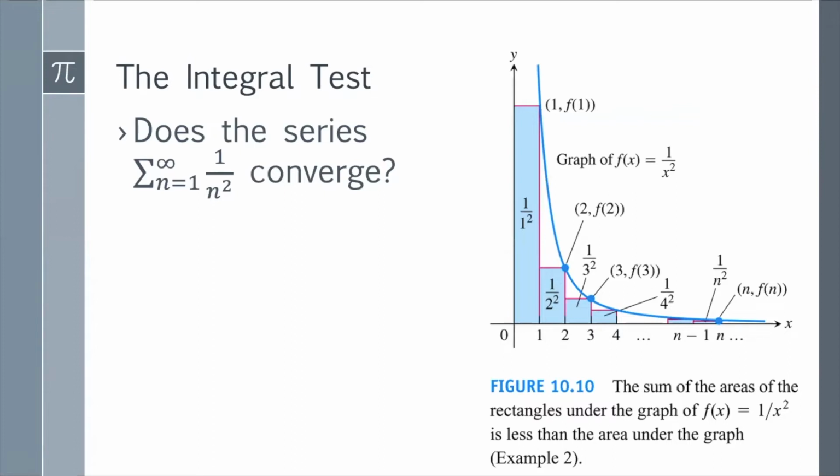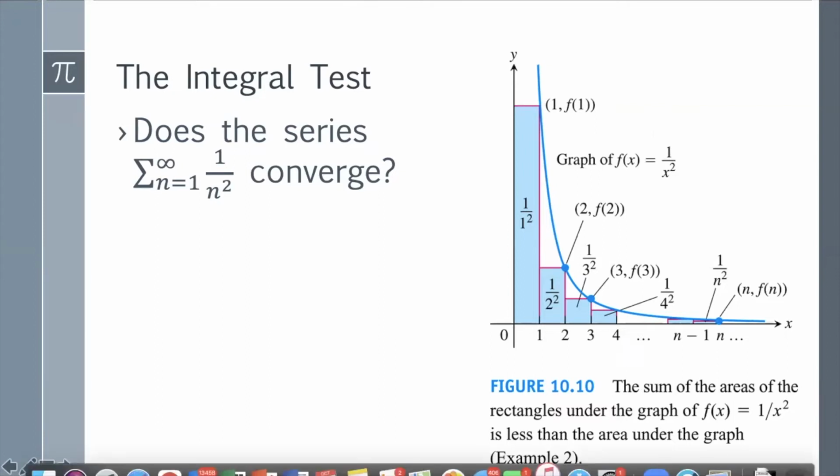All right, so what I'm trying to set up here is an inequality that compares the sum of this series, if there is one, to the value of an improper integral. All right, so I think I'm ready to go over to the tablet.